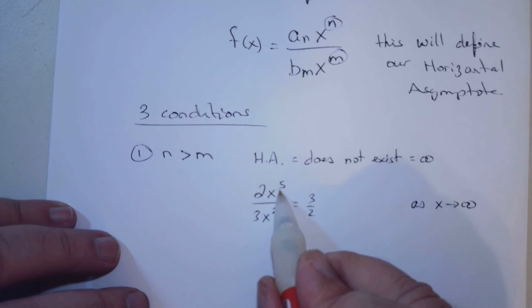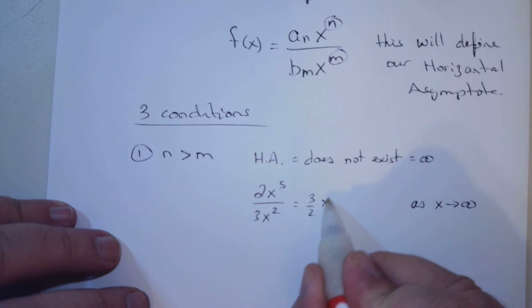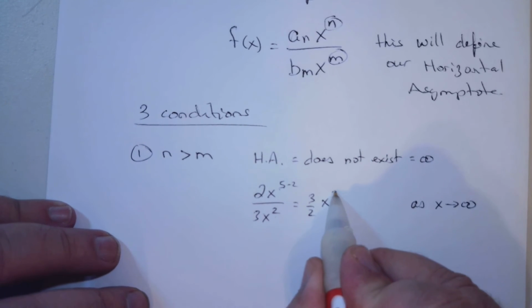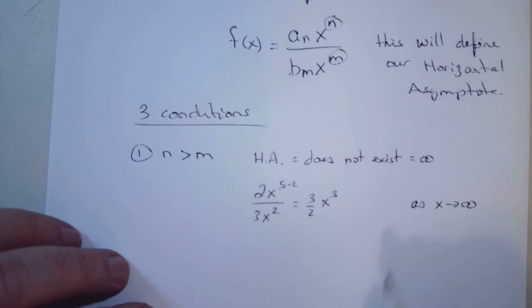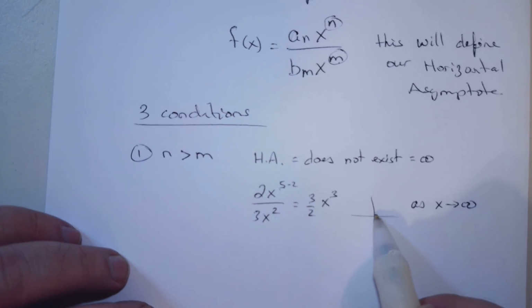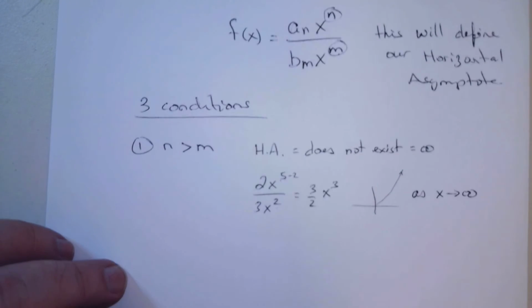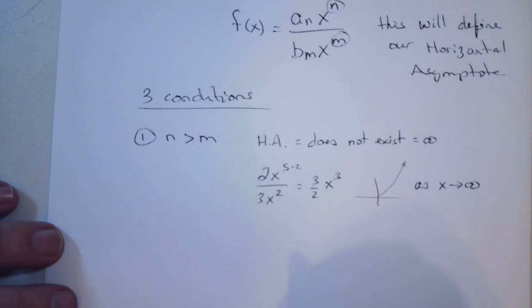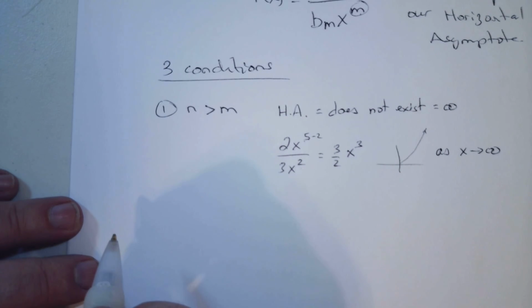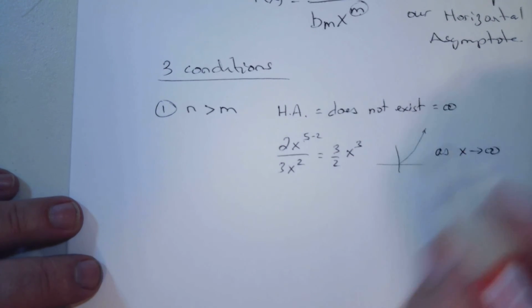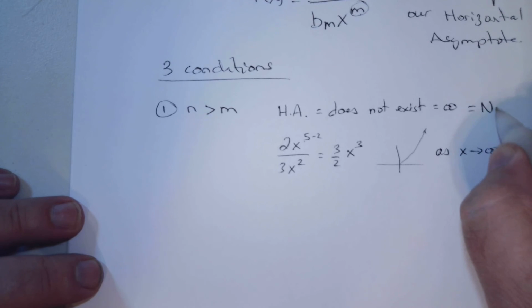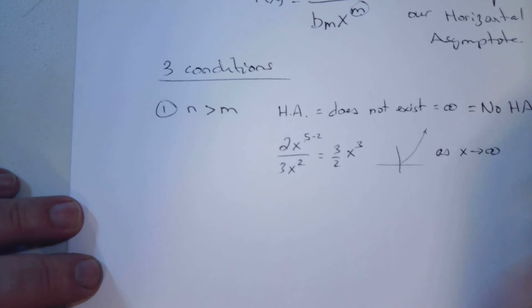Since there's more x's on top, I subtract them. Now what happens to this graph? It goes to infinity. So there's no horizontal asymptote.